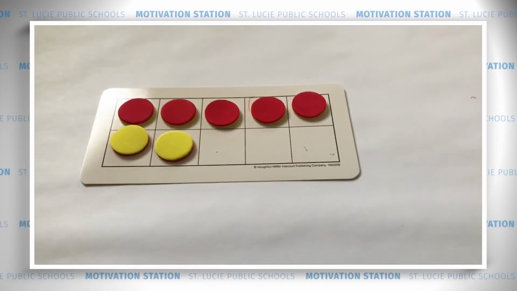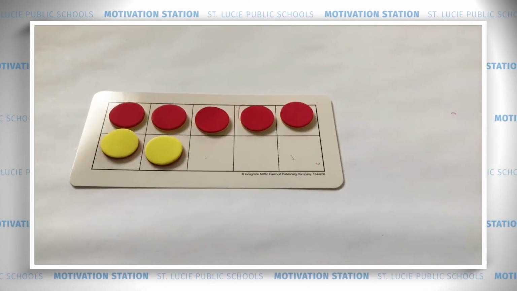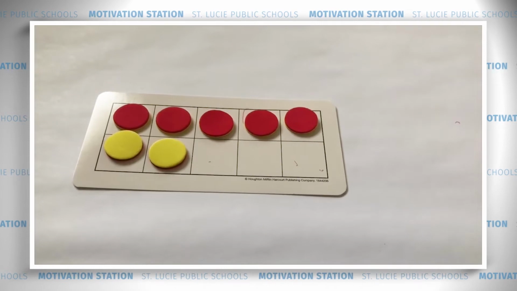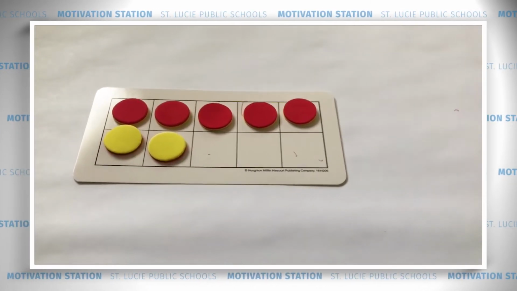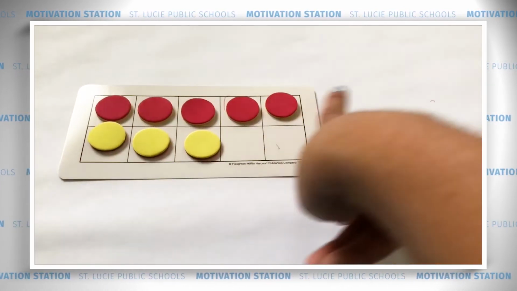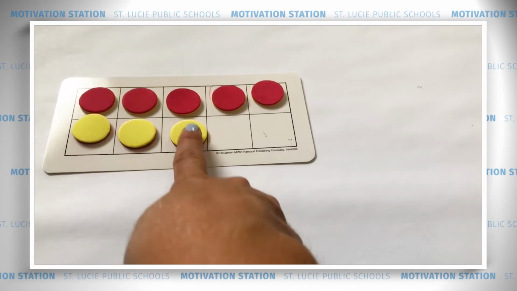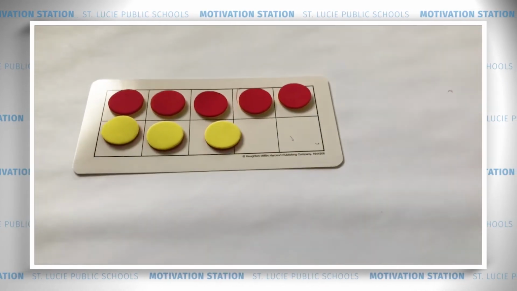How many counters are in the 10 frame now? Yes, 7. There are 7 counters. I started with 5 and counted on 2 more to get 7. 5, 6, 7. Okay, let's keep counting. 5, 6, 7, 8. How many counters? You got it. 8.